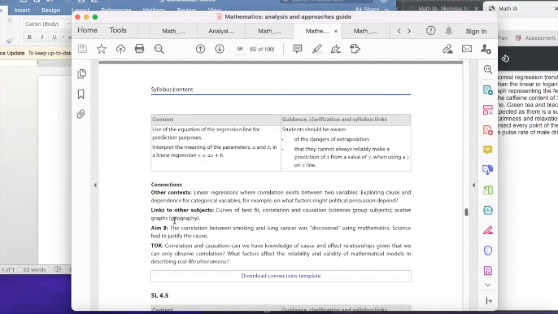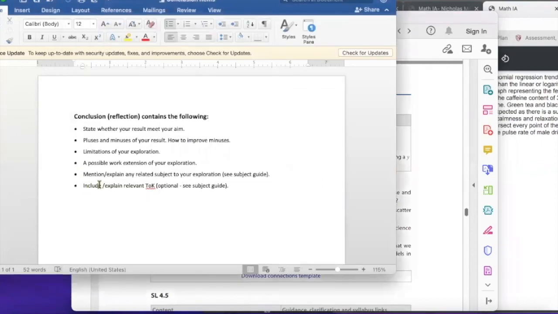You might want to just touch base on this. TOK, not a must. If you want to include any relevant TOK, it's fine. If you don't want to, that's okay. But usually the moderator will look for this, if your work or exploration can be related to other subject.